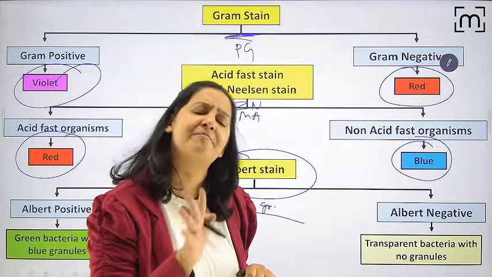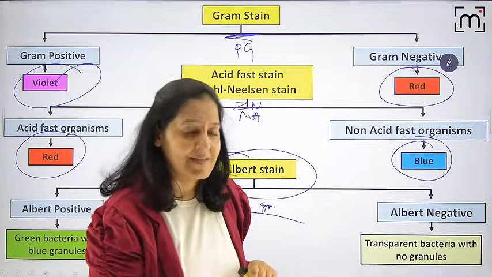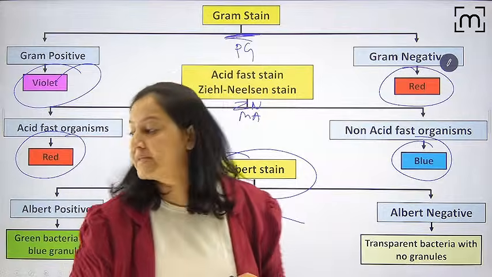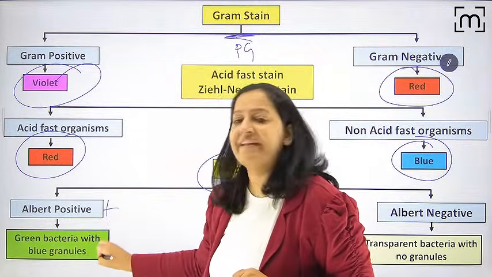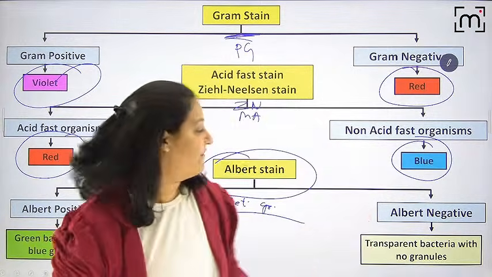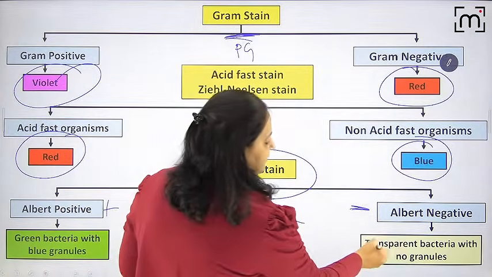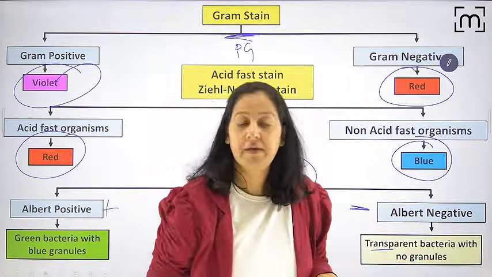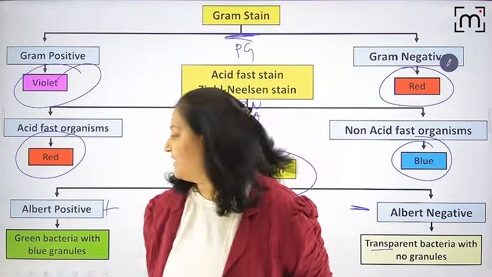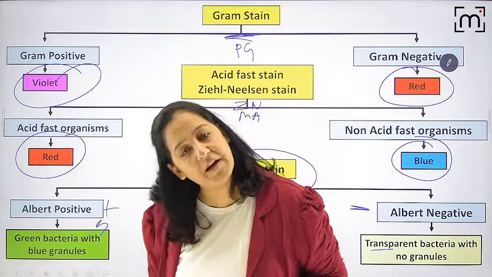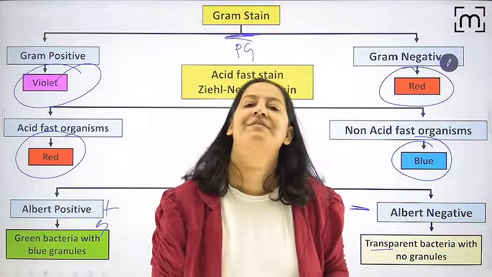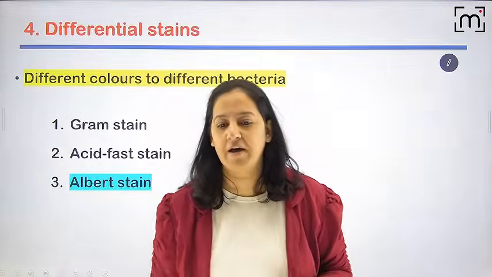Some bacteria have metachromatic granules. The bacteria which have metachromatic granules are Albert positive and they are green in color. The bacteria in which metachromatic granules are absent are transparent and known as Albert negative. There are only 5 bacteria which are Albert positive. Remaining all are Albert negative.